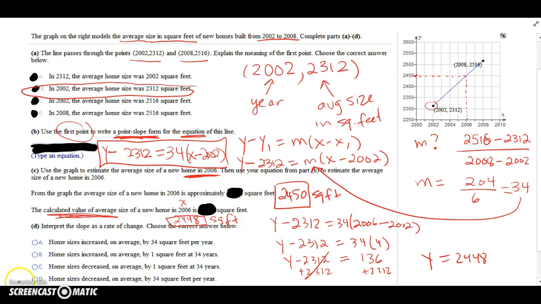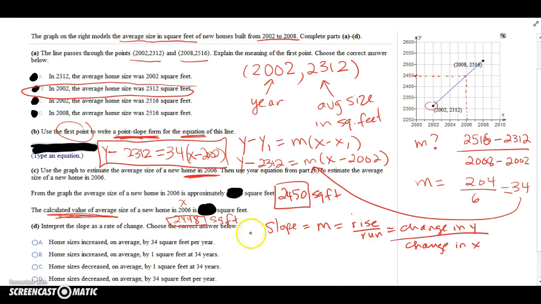Now part D says, interpret the slope as a rate of change. Choose the correct answer below. So let me go erase some of this and find room to interpret the slope, which we already know is 34. So for part D, the slope is what they want us to interpret. It's m, rise over run, which is really the change in the y values over the change in the x values.